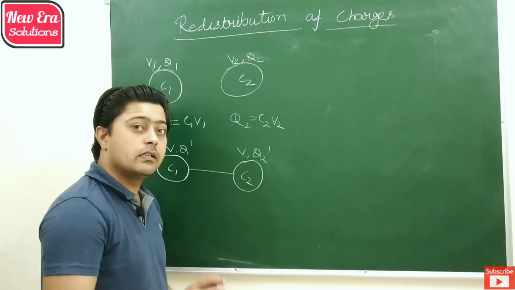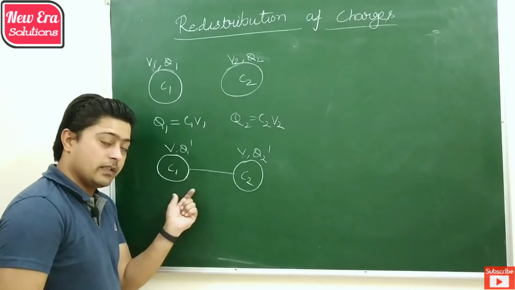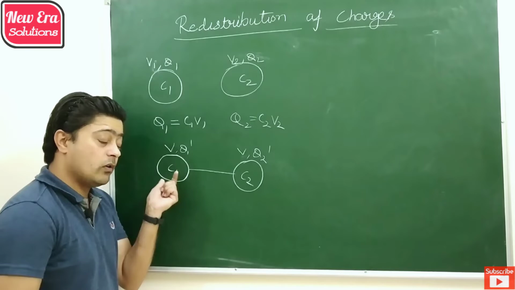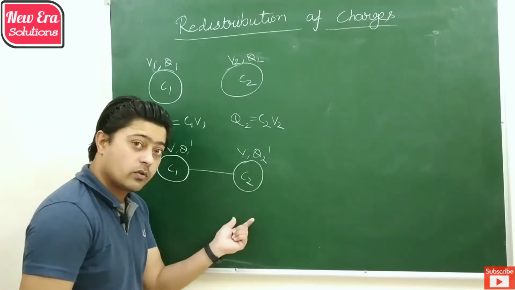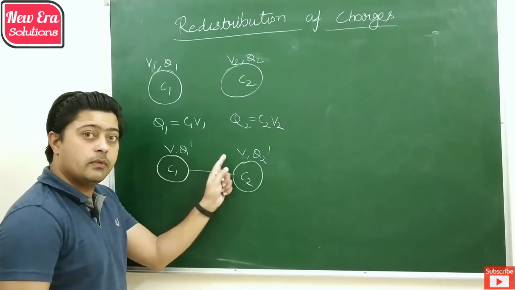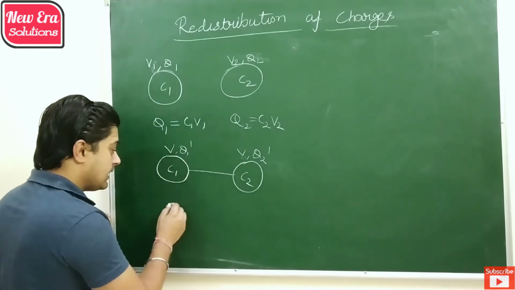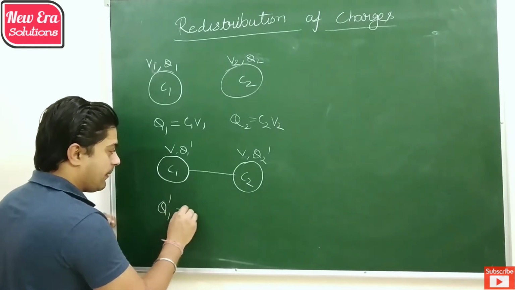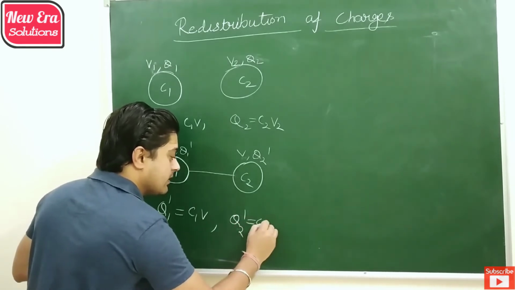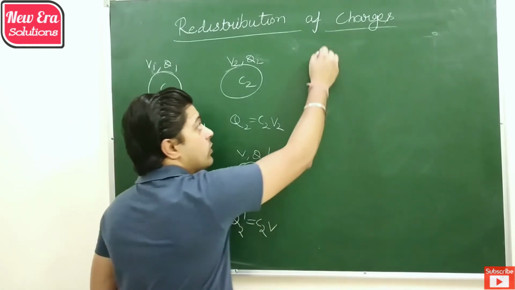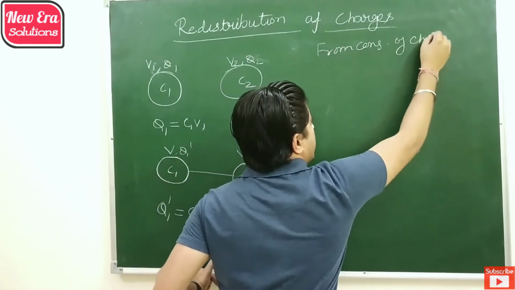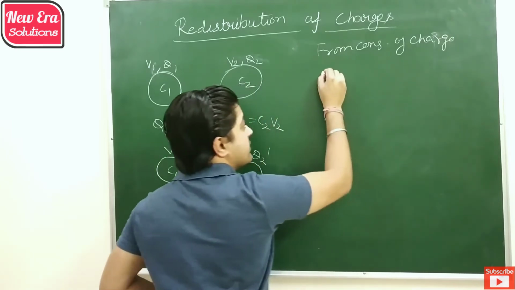So now when these two capacitors are connected, the charge moves from the capacitor of higher potential to the capacitor of lower potential until the potential of both capacitors becomes the same. So for that, the new charge on the first capacitor is C1V and the new charge on the second capacitor is C2V. From conservation of charge, we know that the total charge remains constant.